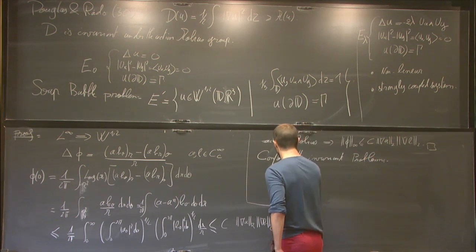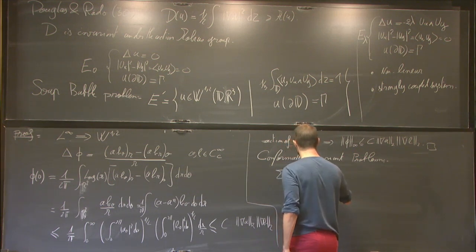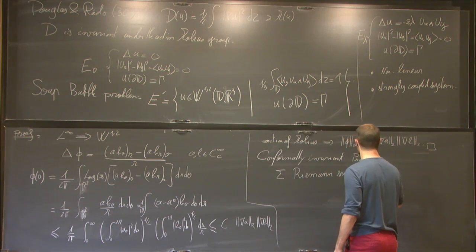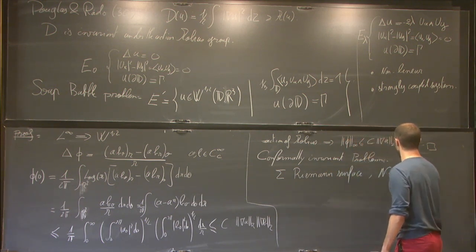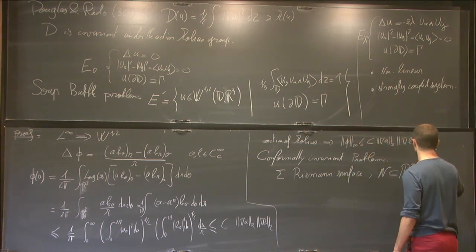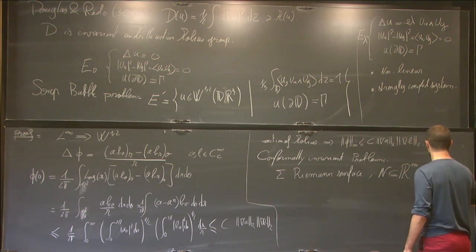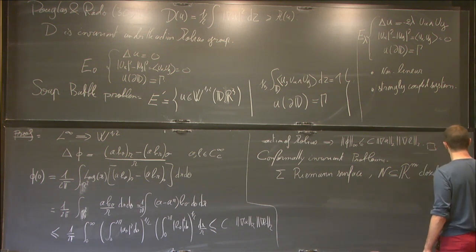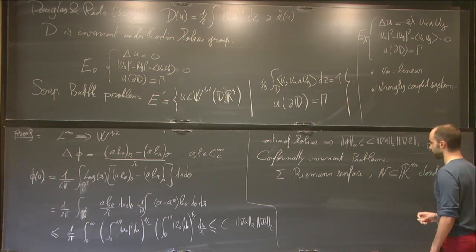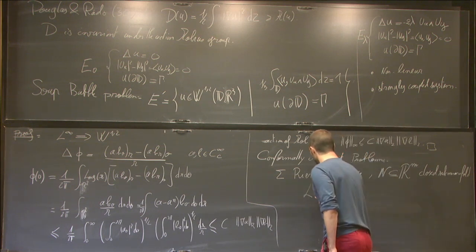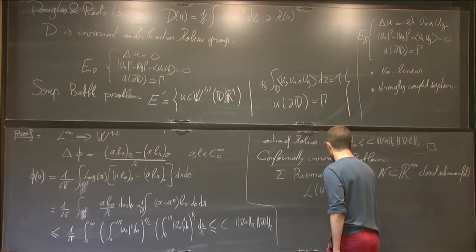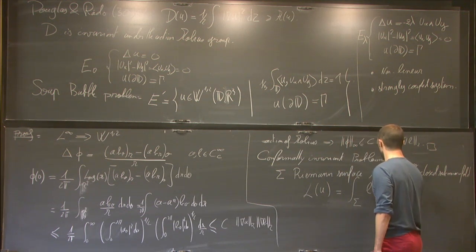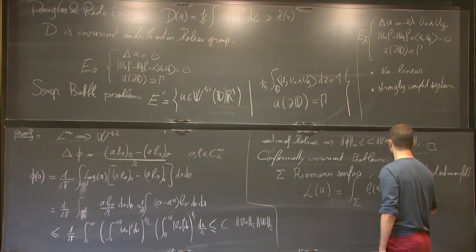So we consider a Riemann surface, and N a closed submanifold. And we look at the functional L(u) equals the integral of sigma of L(u), nabla u, dV.